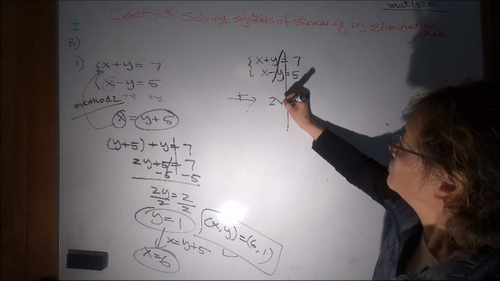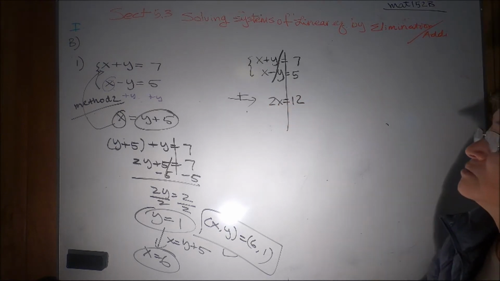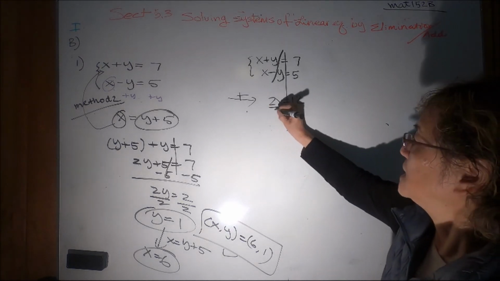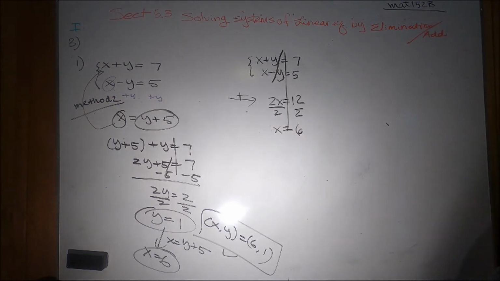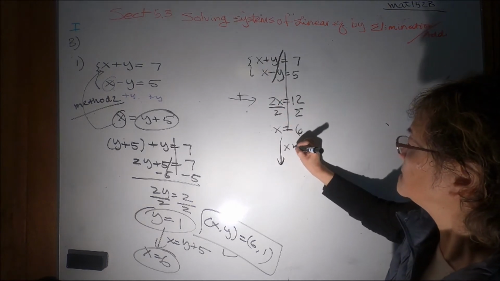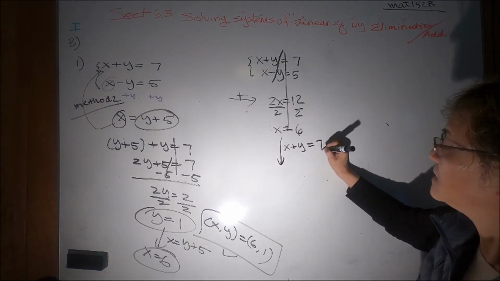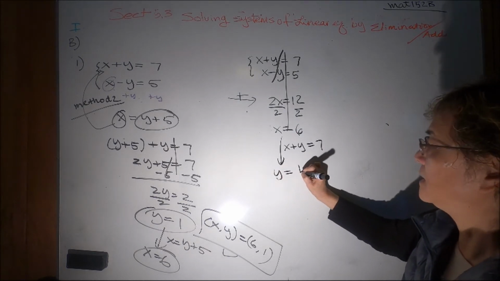So I have 2x equals 12, right? x plus x. Then I divide by 2. What is x? x becomes 6. Then you plug in to the first one, say x plus y equals 7. x is 6. What's your y? It's 1.